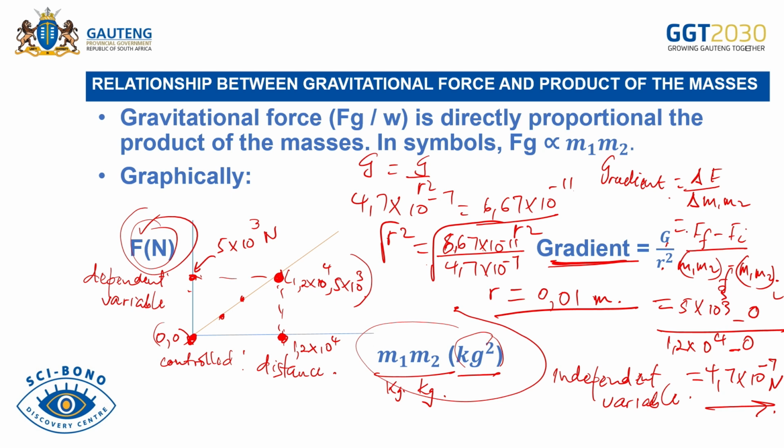So the gradient, in this case, represents G over R squared. At point A, point B, point C, G over R squared here is equal to G over R squared here. G over R squared at B is equal to G over R squared at C, because the gradient of a straight line does not change. It remains constant.